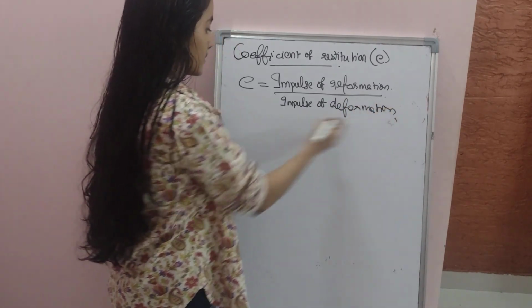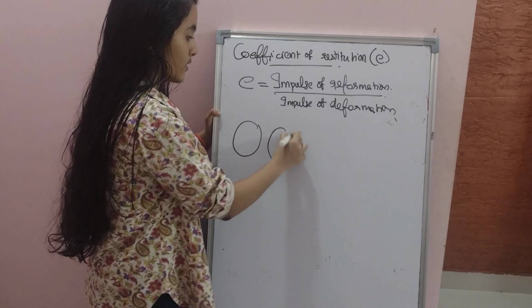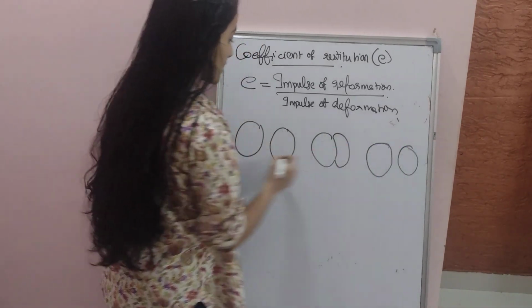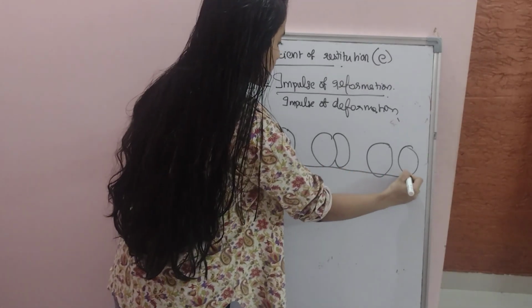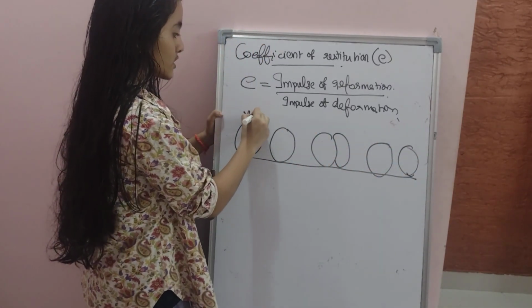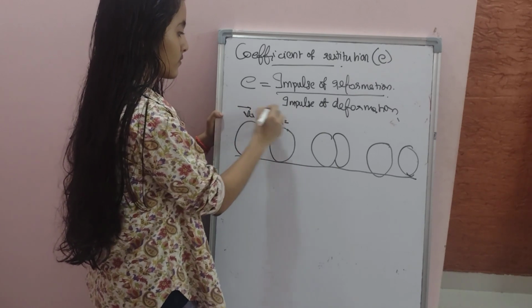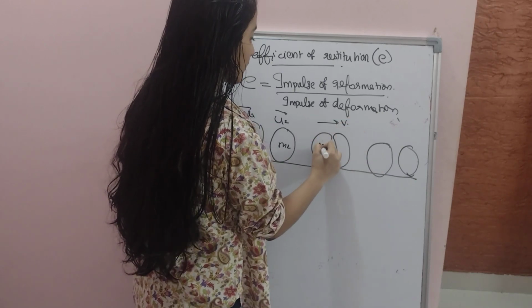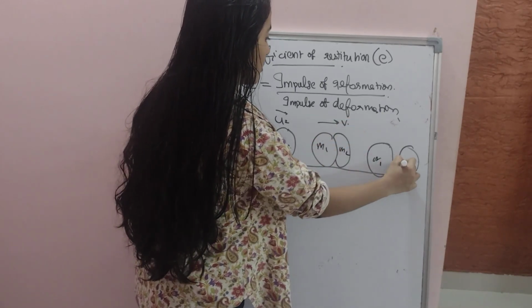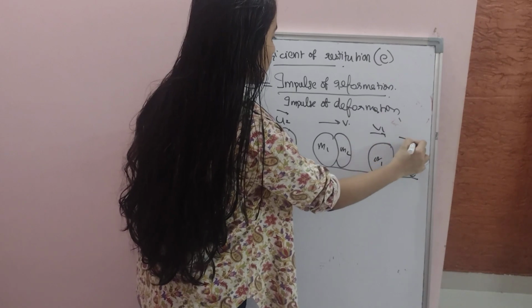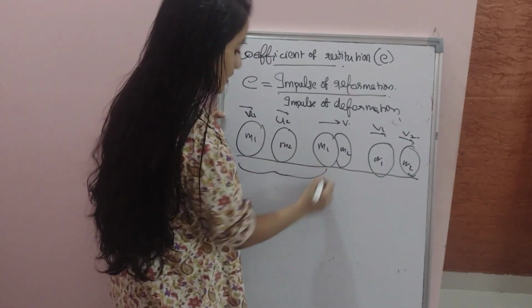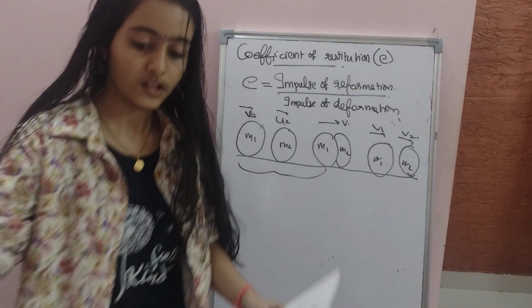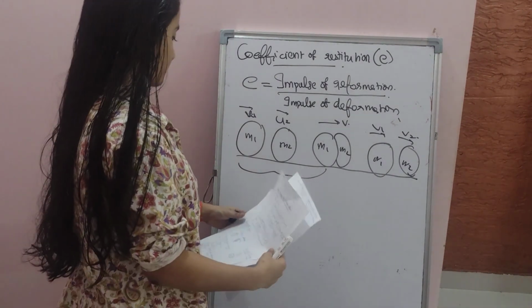You remember the part when we said when two bodies are colliding like this, and after that they are separating as two bodies. We need this picture here for this derivation. This has velocities u1, u2, masses m1, m2, combined velocity v, and this has velocities v1, v2.